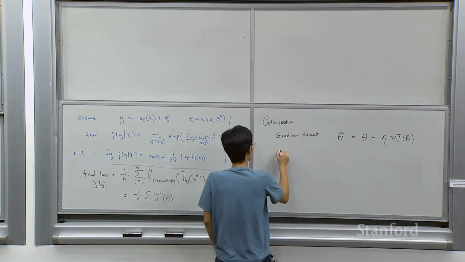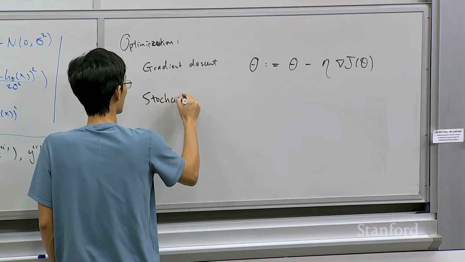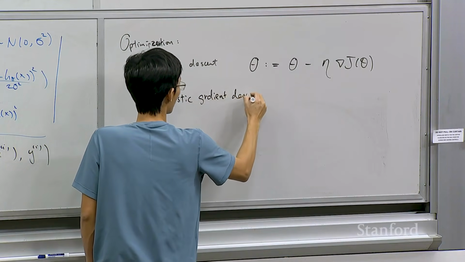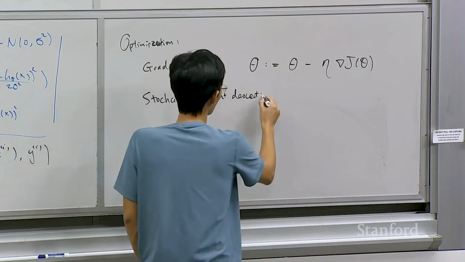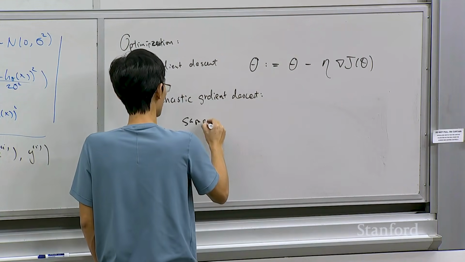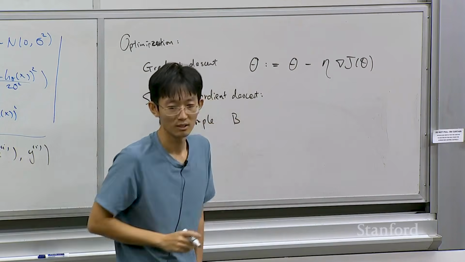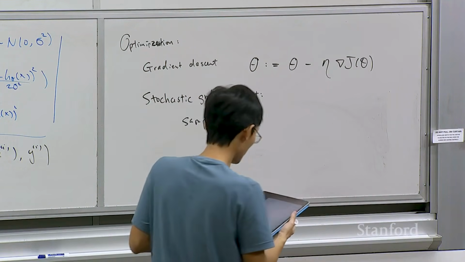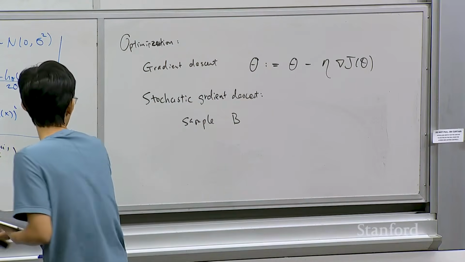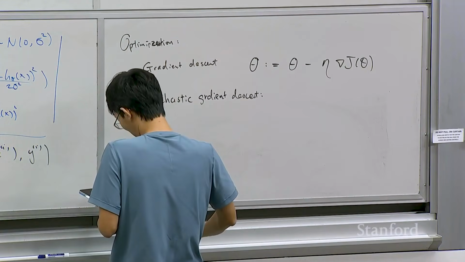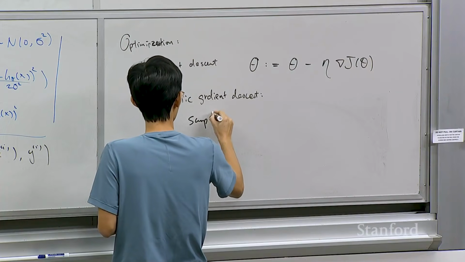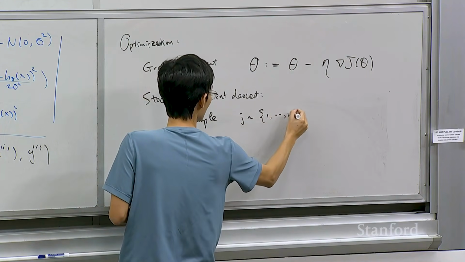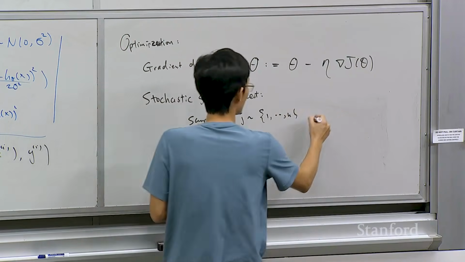And for stochastic gradient descent, the most vanilla version is that you sample one item, J, from 1 to n uniformly.